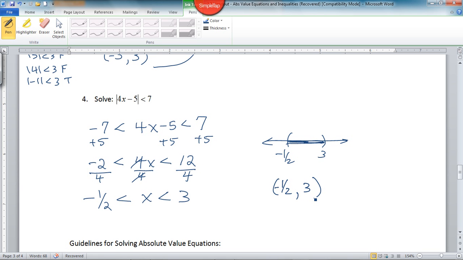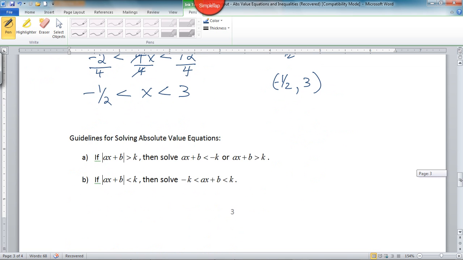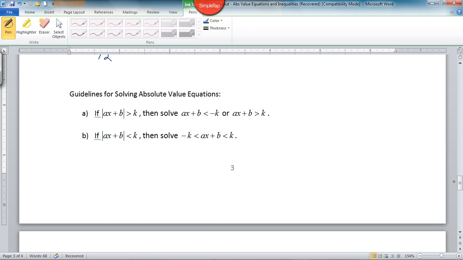All right. So we have 2 scenarios for absolute value inequalities. And I wrote down a couple of guidelines for you here. If we have an absolute value inequality that's greater than, what you do is you set up 2 equations. You do the expression in the absolute values, ax plus b is just my general form of that.